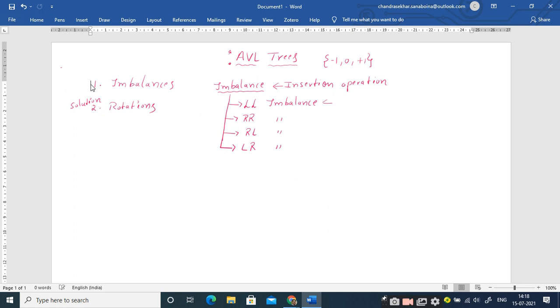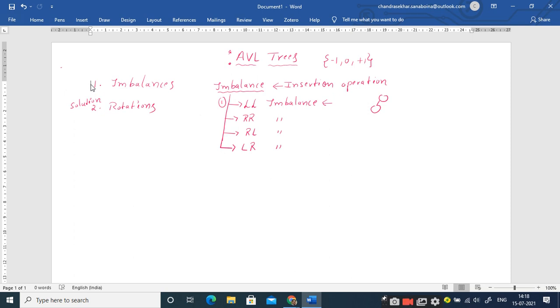So this particular imbalance happens, I am talking about the first case, that is the LL imbalance. As the name specifies, the LL imbalance means the left of left imbalance. So we have 2 nodes here. I am just giving a vague example. After this vague example, we will go into a clear example where you will come to know what these imbalances actually are.